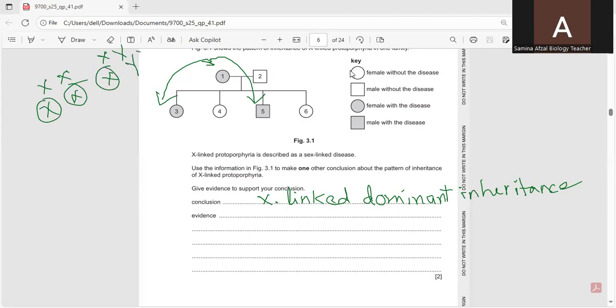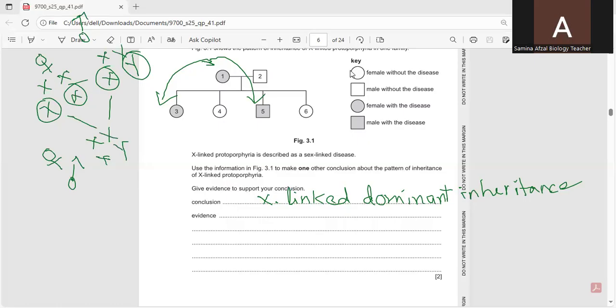The female has XX and the male has X and Y. So if the mother gives X and the father gives Y, there will be a son. In this case, the son at number 5 has got the X from the mother's side.